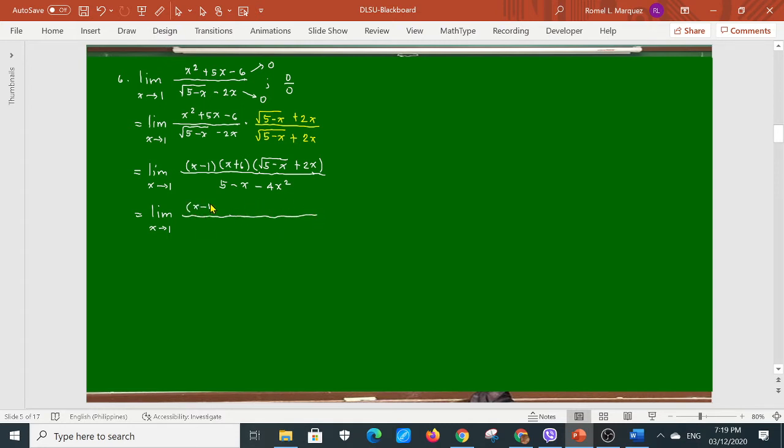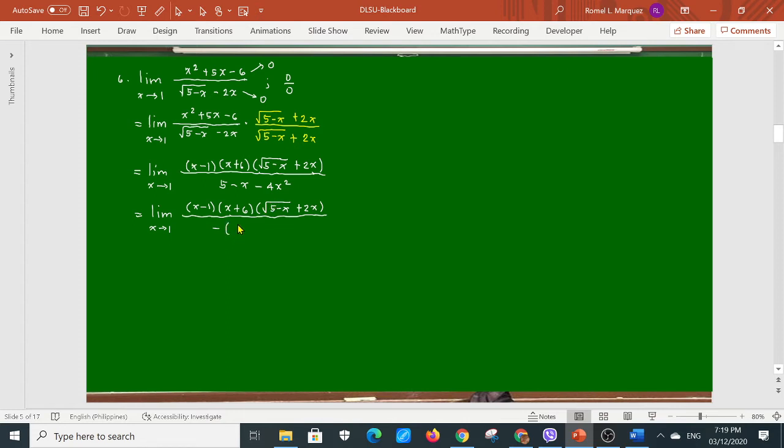The numerator, we just copy. This is what we want to remove, x minus 1. So guaranteed, there is also an x minus 1 in the denominator, because it makes the denominator 0 when x is 1. So here we have negative.